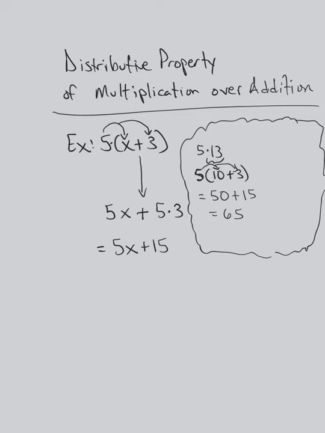Now, one other thing while I'm pointing this out on this little sidetrack: don't confuse this with order of operations and try to overuse the distributive property. Where we really use the distributive property is by the order of operations. I should be adding in this parentheses first, but I can't add those because they're not like terms. But if you have all numbers in there, like 5 times 13 plus 8, well, these are like terms.